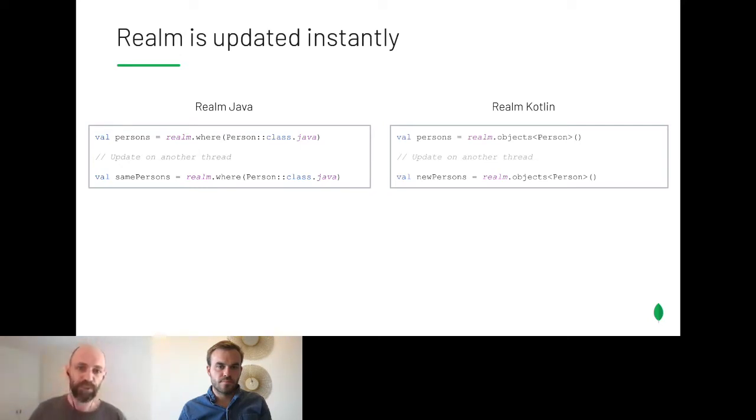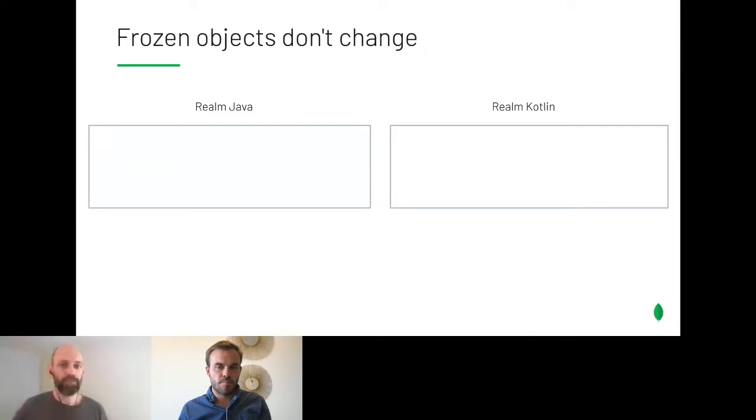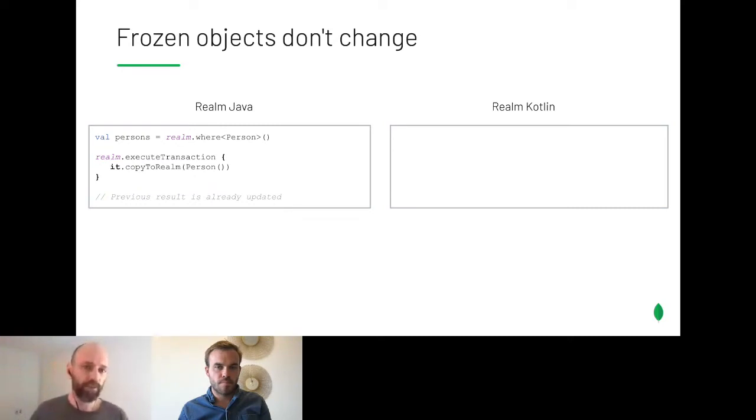In Realm Kotlin, with our frozen objects, updates from different threads are immediately visible. This means that two consecutive queries might reveal different results. This also applies for local or blocking updates. Again, in RealmJava, with live results, local updates were instantly visible and didn't require a refresh.